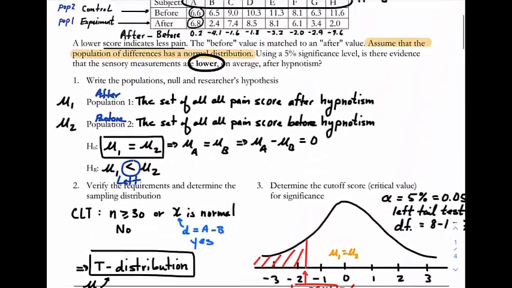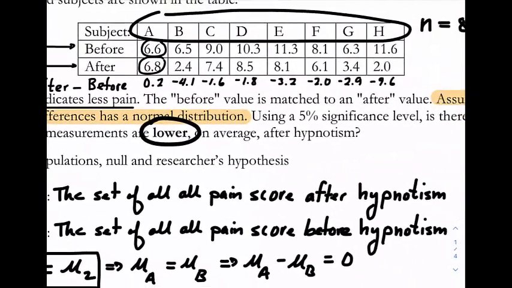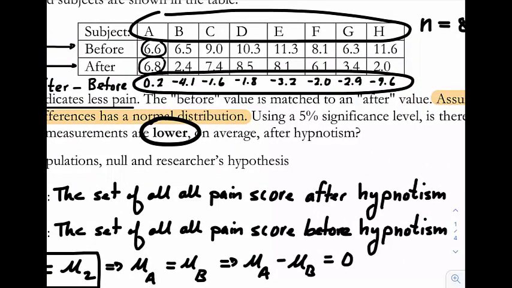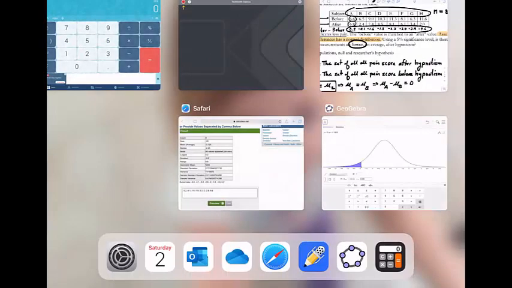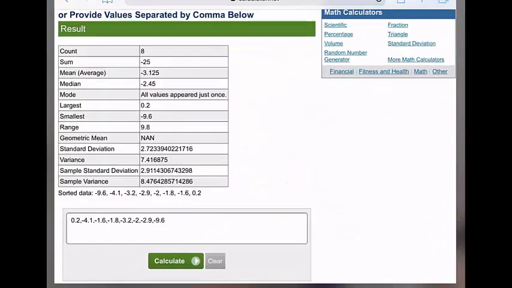So our data, we're going to end up putting that in, is going to be strictly the differences and no other value. You want those differences to place into a calculator or some sort of statistical calculator, which gives us the mean and standard deviation. In this case, I'm using calculator.net. So what I've done is already place those values back into here.